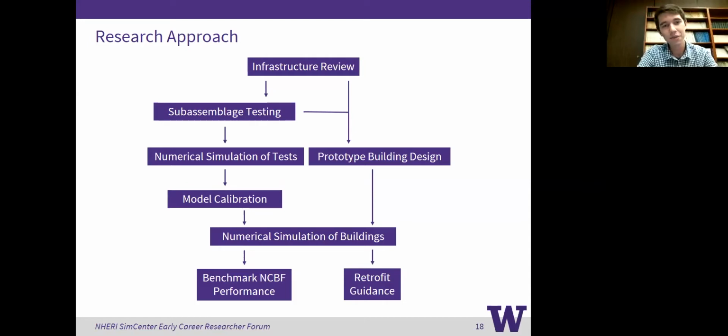That went on to develop specimens for sub-assemblage testing. And then everything after the sub-assemblage testing is really numerical analysis. We want to be able to simulate those tests, expand those tests into full building models, and then make some decisions about what we think the benchmark NCBF performance is and how we think retrofits should be performed.